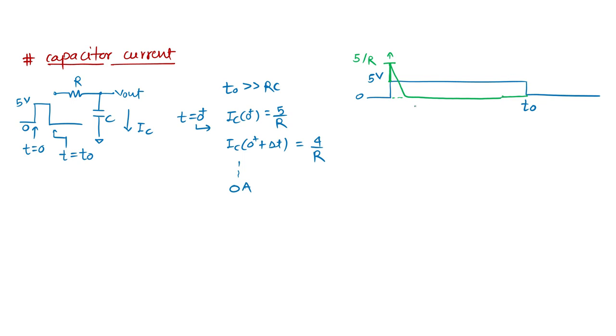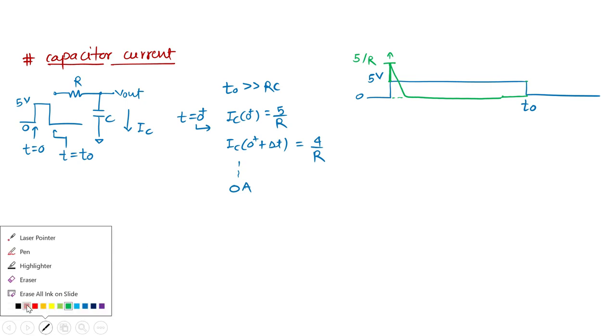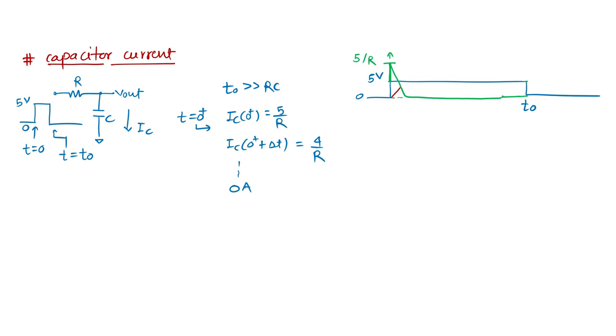Because here we have seen that the voltage reached 5 volt very soon, and it was staying at 5 volt. See, they are overlapping. It is just a matter of drawing. It is not going up, but they are overlapping.